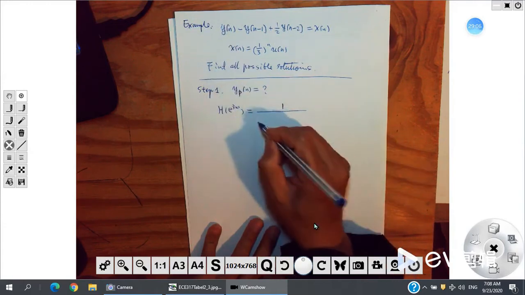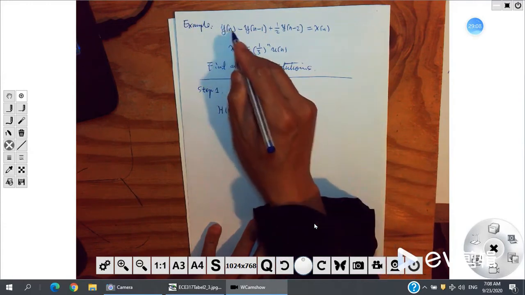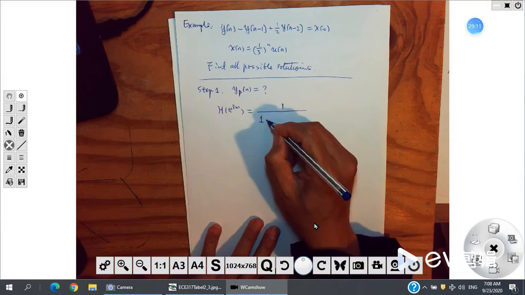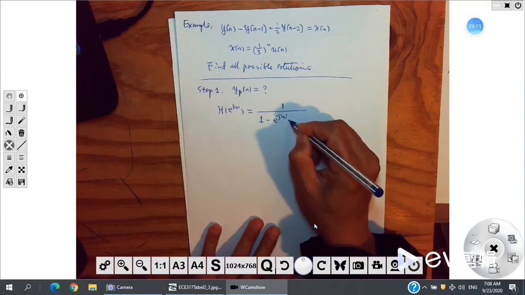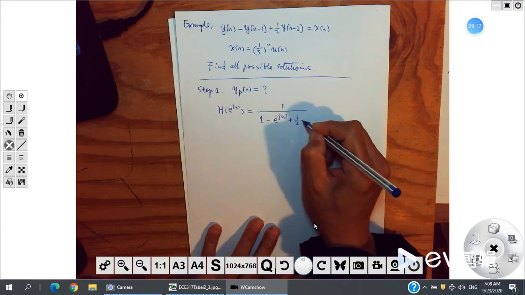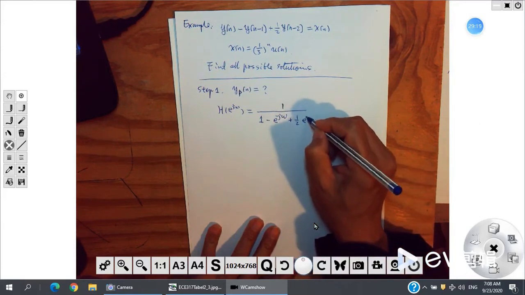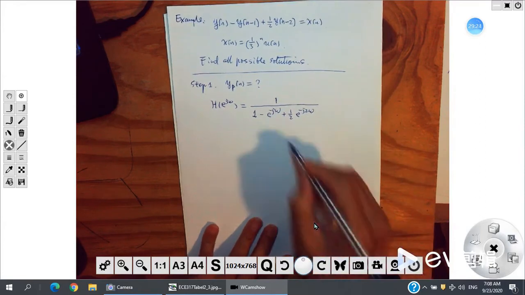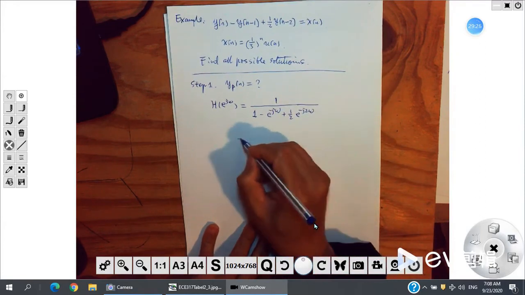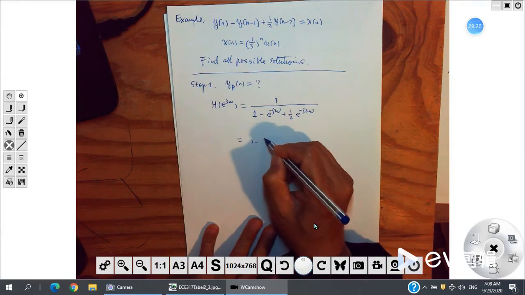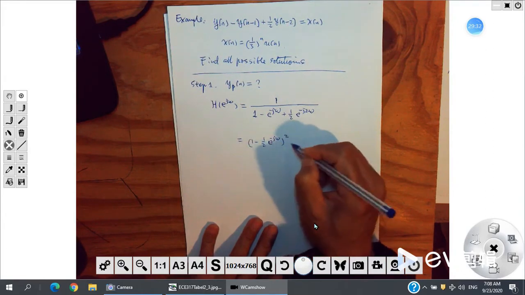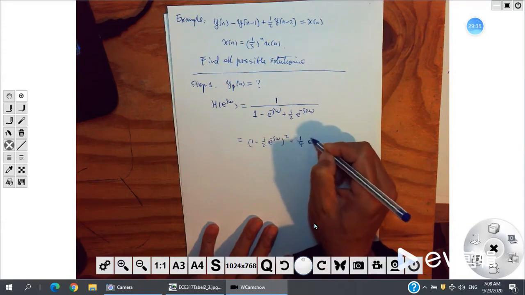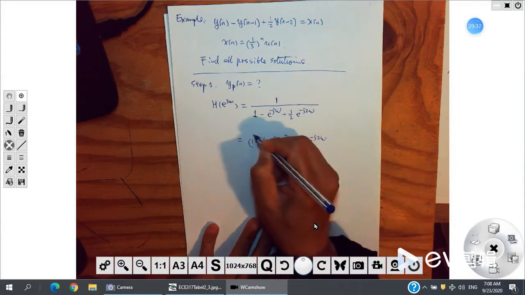In the denominator, the first term is y of n, nothing changed, and the second one we have a delay, and the last one we have half of the delay of 2 steps. Okay, this is H. And I can separate this as 1 minus 1/2 e to the negative j omega square plus 1/4 e to the negative j 2 omega.